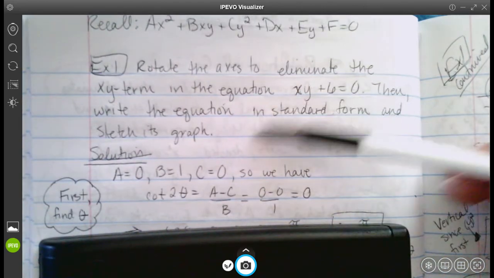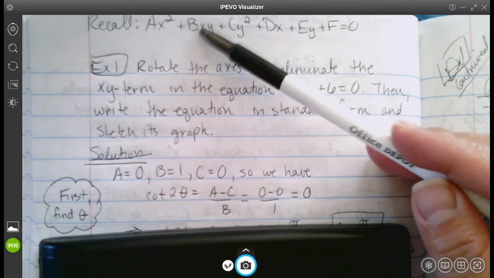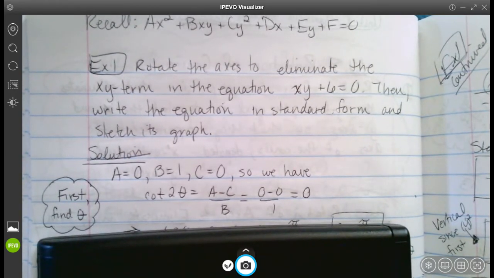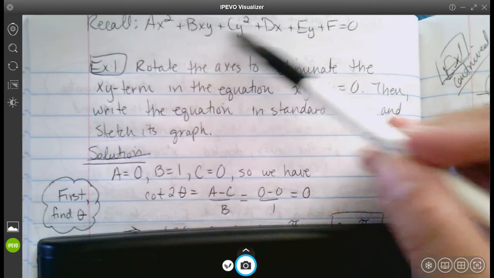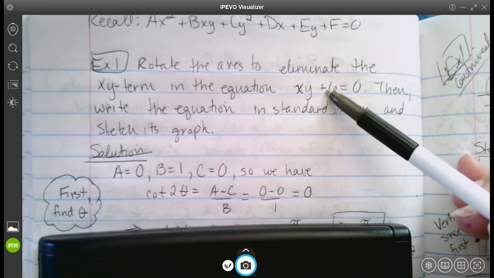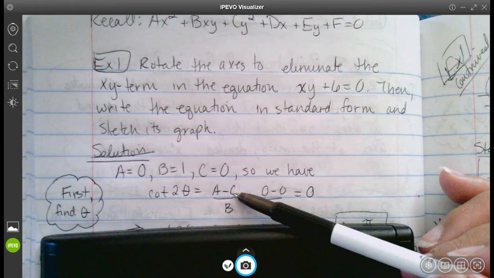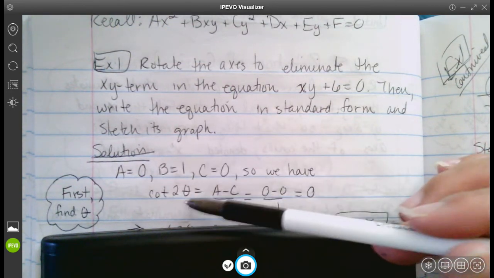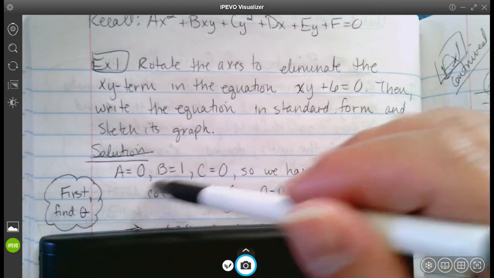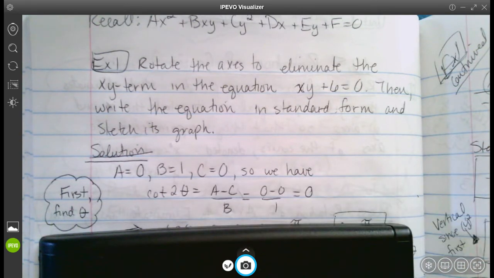We don't have an x squared term, so a is 0. B is this term right here. We do have the xy term, so that's just a 1, so b equals 1. Then c is the cy squared, which we do not have, so c is equal to 0. We're going to plug those numbers into the formula: cotangent of 2 theta is equal to a minus c over b.